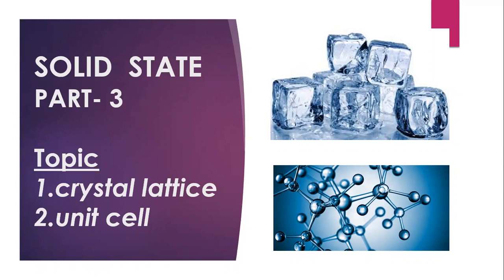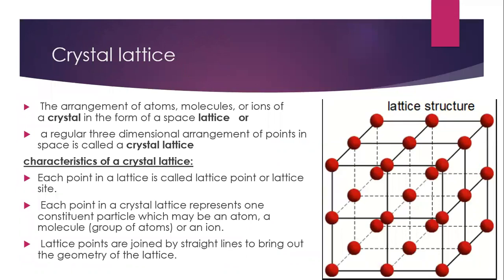So what is meant by crystal lattice? As per the definition, the arrangement of atoms, molecules or ions of a crystal in the form of space lattice is called as crystal lattice. So this is the arrangement. This point is called as lattice point.